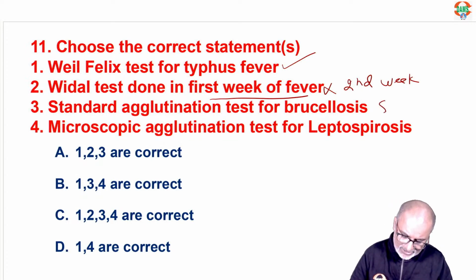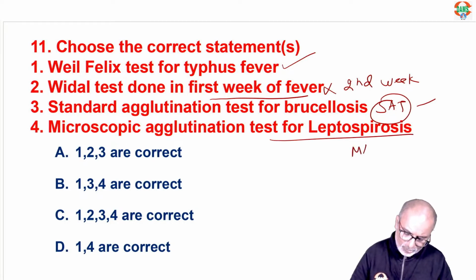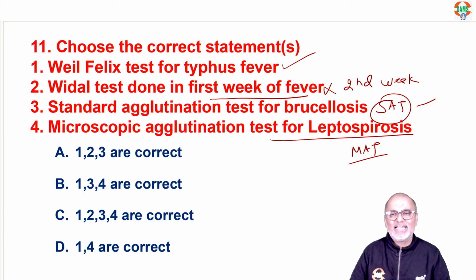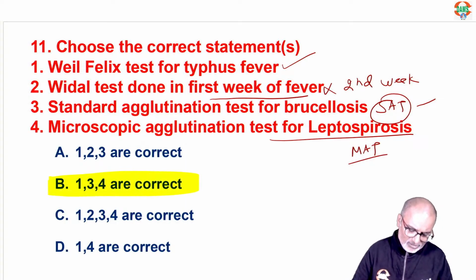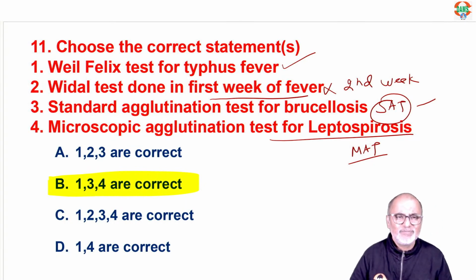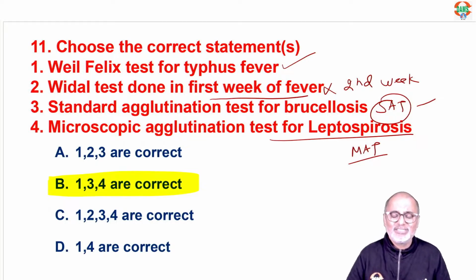Standard agglutination test, STAT for brucellosis, MAT for leptospirosis, SAT, MAT, CAT, cold agglutinin for Mycoplasma. These I used to teach. So here 1, 3, 4 are correct, except 2. Vidal is not for the first week because the antibody develops only in the second week. BASO antibody is second week.